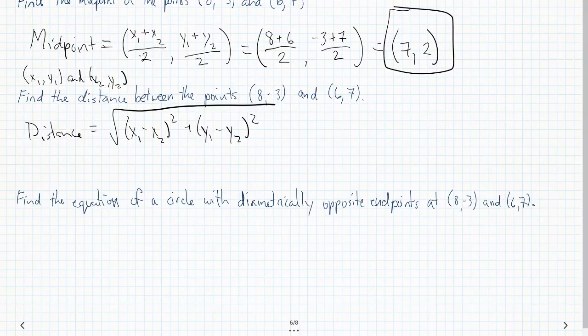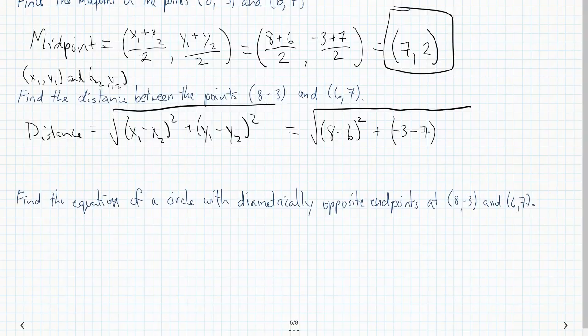So in this case, we have our x values, so we go 8 minus 6, the quantity squared, plus y1 minus y2, that's negative 3 minus 7, the quantity squared.